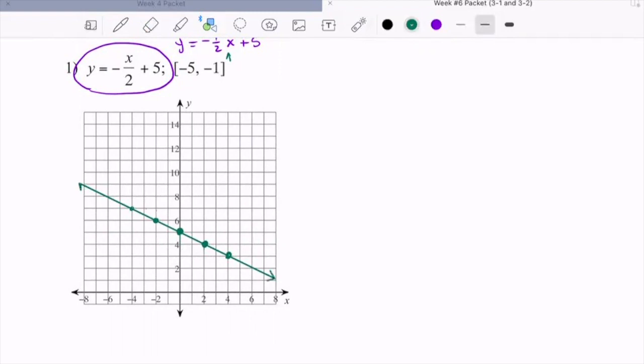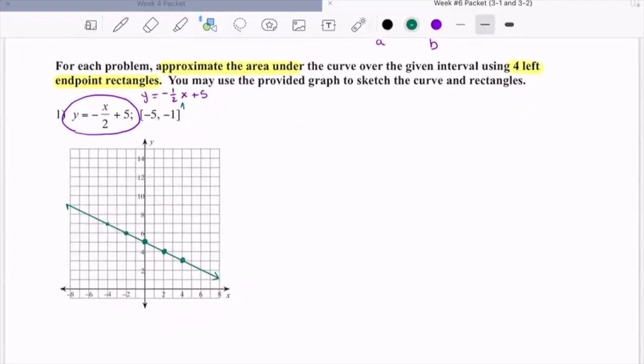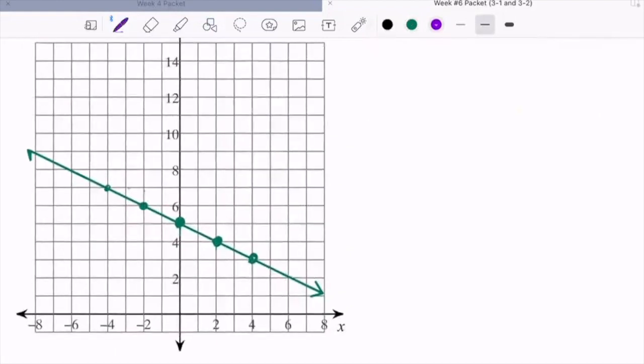Okay. So for this problem in particular, we care about the area under our curve between the points -5 and -1. So let's draw that in as well. So we're looking at -5 to -1.